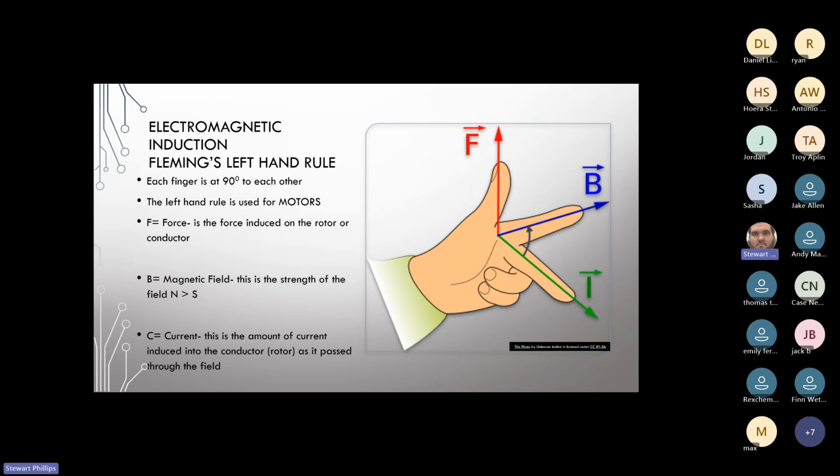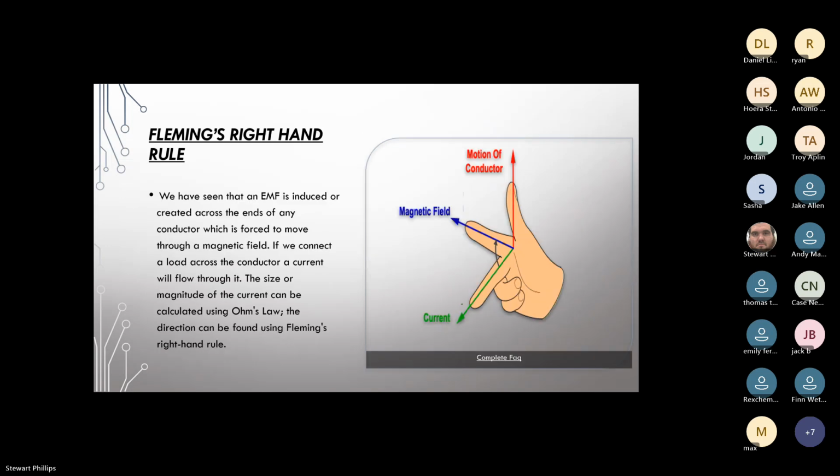The left hand is for motors, and then we use the right hand for generators. If we go to the next slide, the right-hand rule is for generators. We've seen that an EMF is induced or created across the ends of any conductor which is forced through a magnetic field.